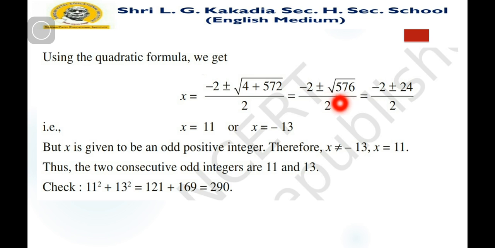Now it is a square of 24, so we can take the square root of 576 as 24. So minus 2 plus or minus 24 divided by 2.